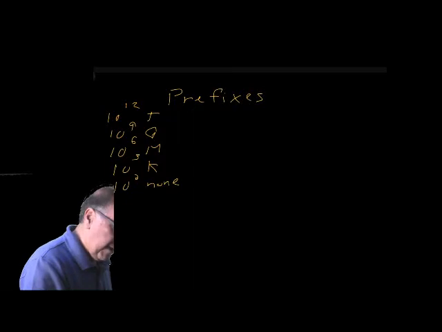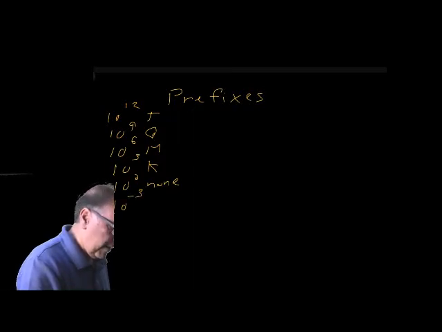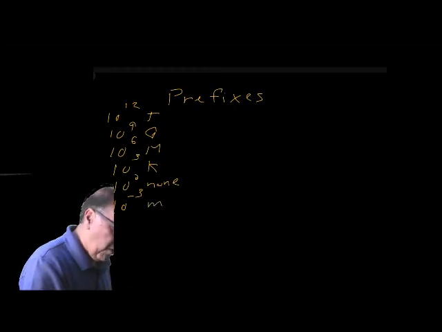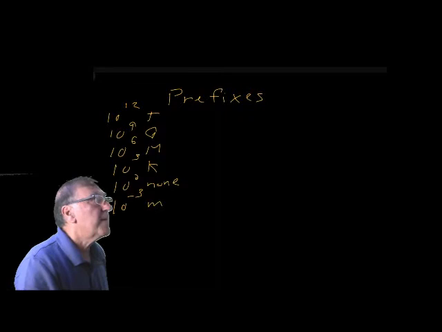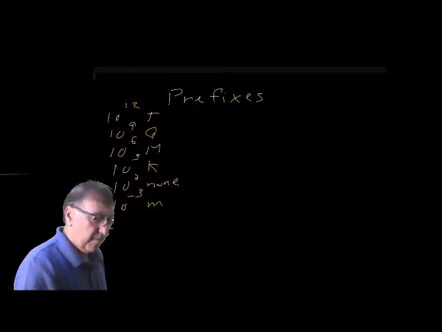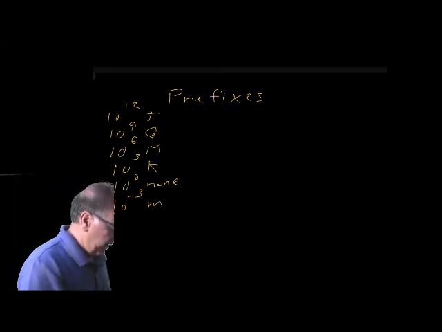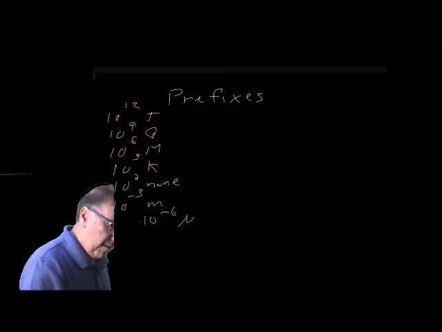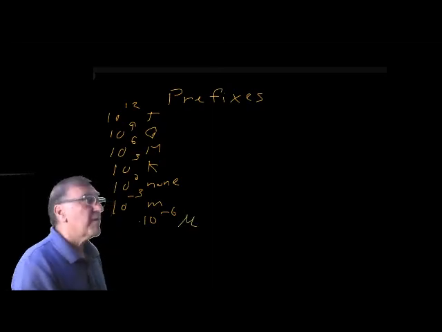Then there's 10 to the minus 3, which is milli, that's a small m, lowercase. 10 to the minus 6th is micro, with a mu from the Greek alphabet.